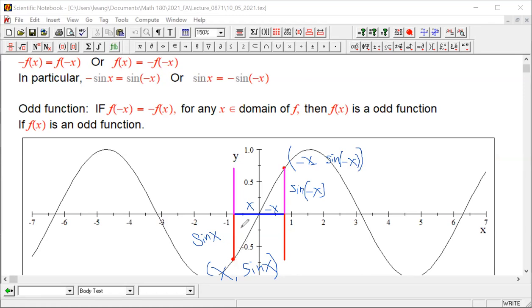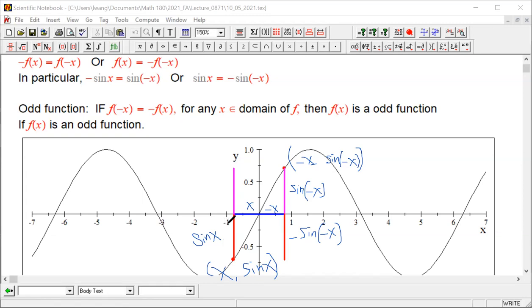Now flip over the purple. Flip over this purple, we get this red. The purple is sine of negative x. If we flip this purple over to the red, we simply put a negative sign in front of it, and these two reds are the same.